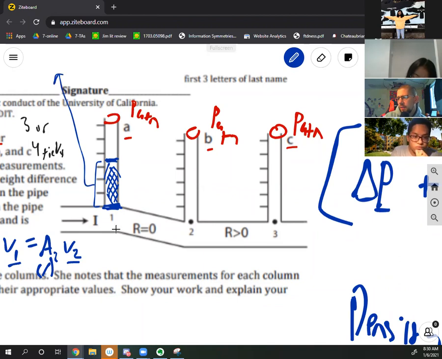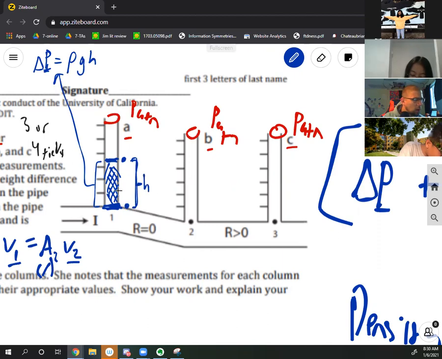It turns out that the difference in pressure from the upper part to the lower part of this gauge pipe is rho g h, where h is the height of the water column, the fluid column.